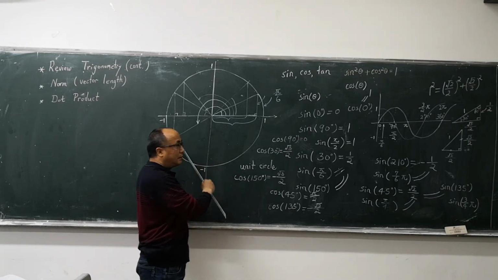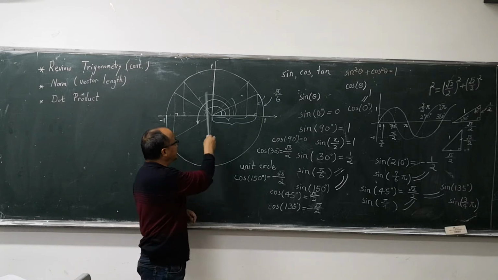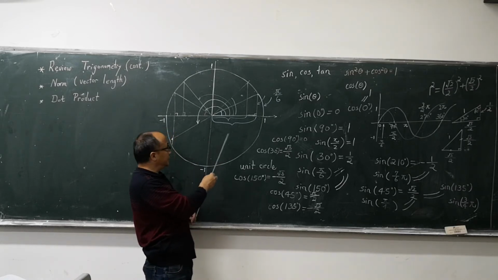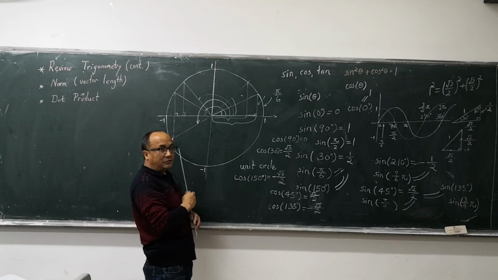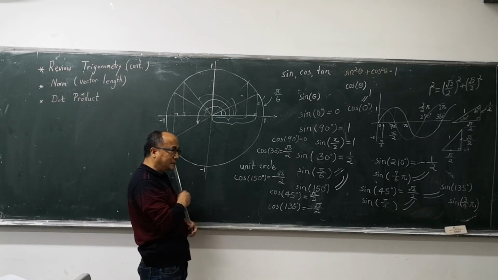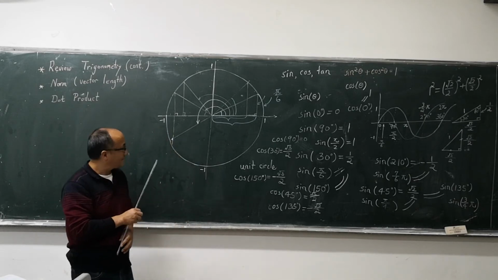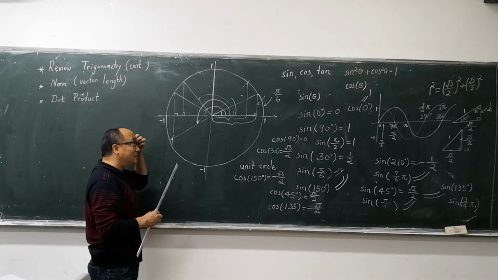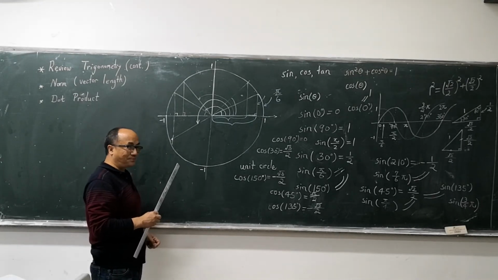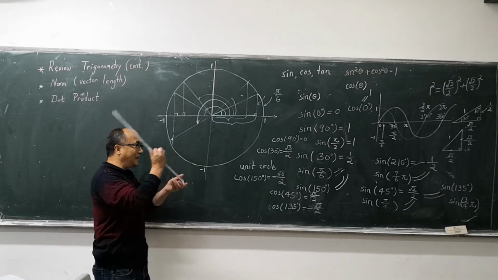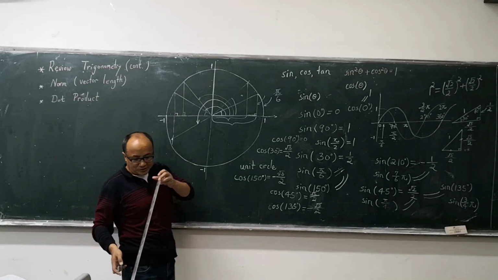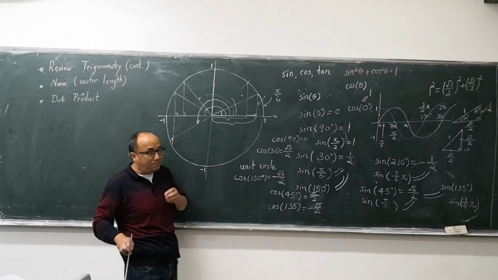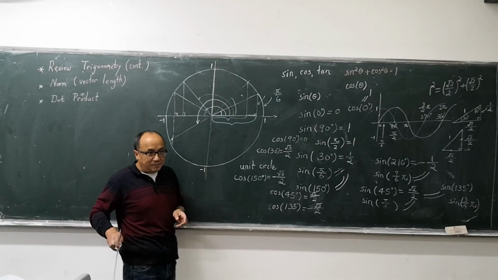Okay. Now, if this is 270 degrees, can you tell me what is the cosine of 270 degrees? They're putting the movie screen in the basement.